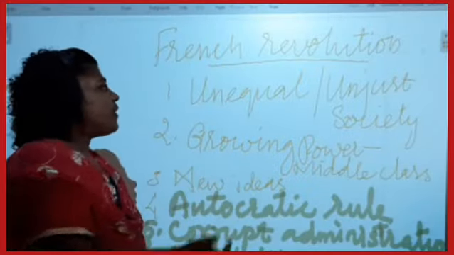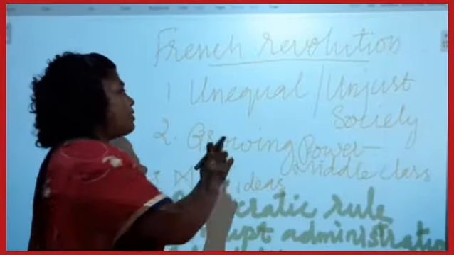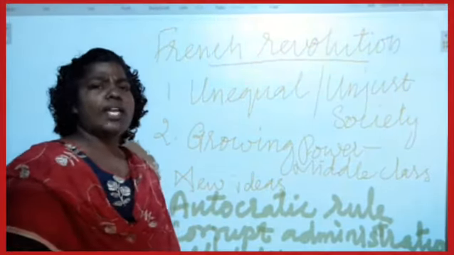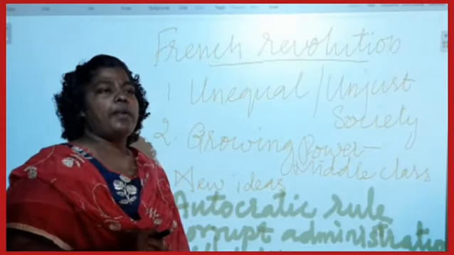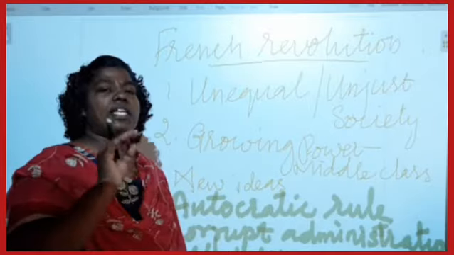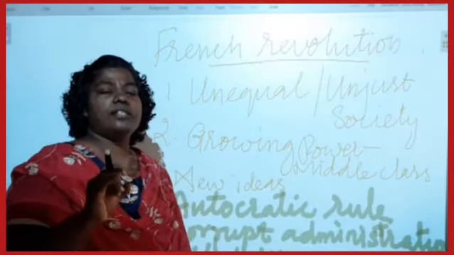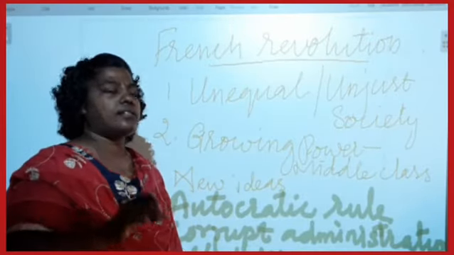Okay, the first reason for the French Revolution was unequal and unjust society. The society was divided into three classes of people. We call them the three estates: the first estate, the second estate, and the third estate.